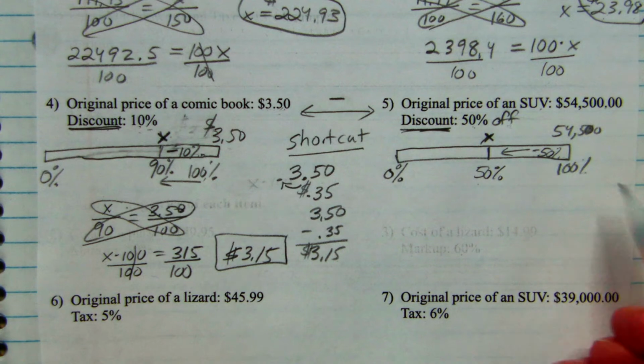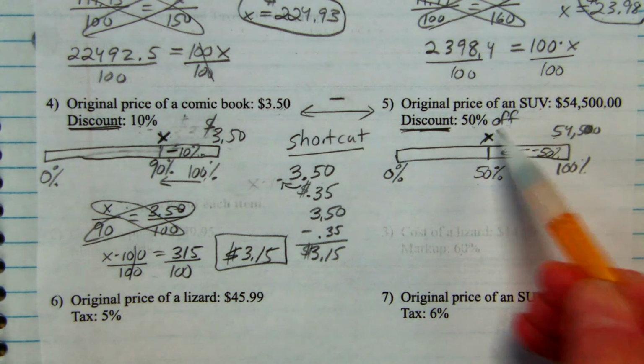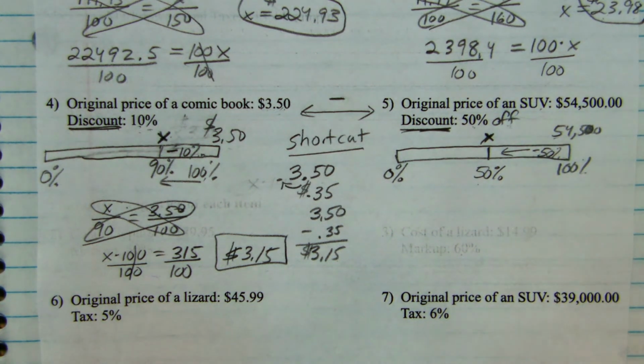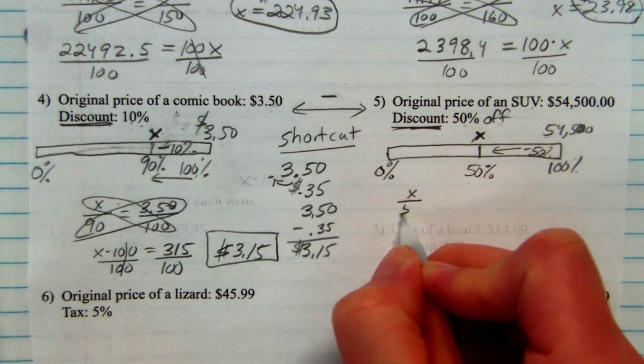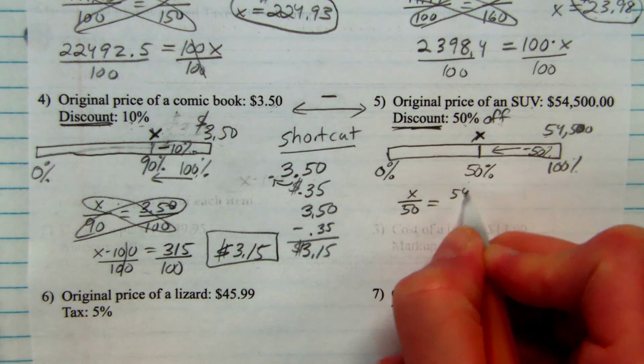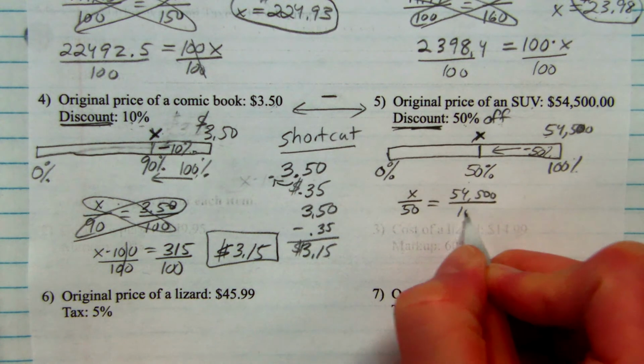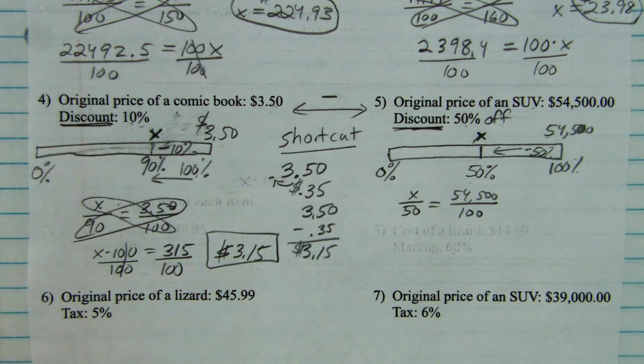So if you wanted to, you could just take this and divide it in half. I'll go ahead and set up the proportion because some people like to do it the same way all the time. X over 50, 54,500 over 100.